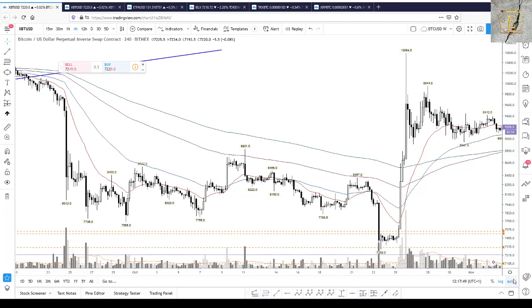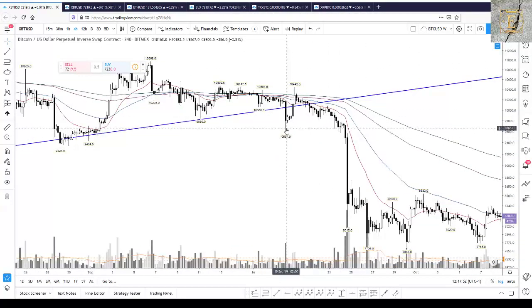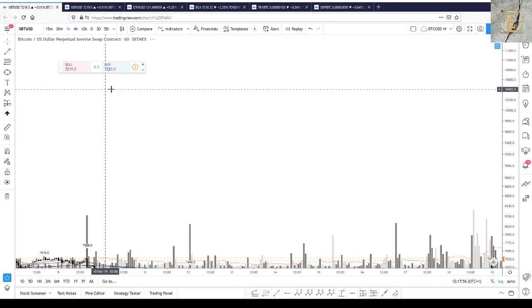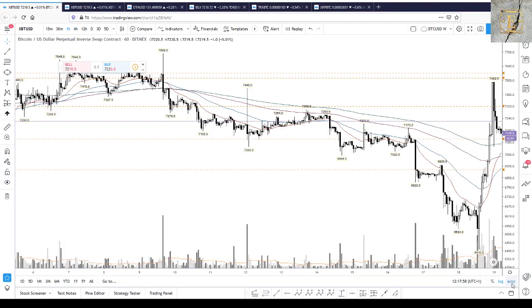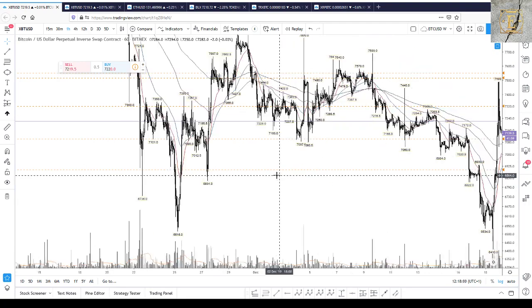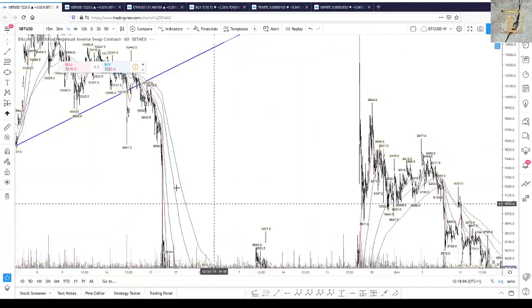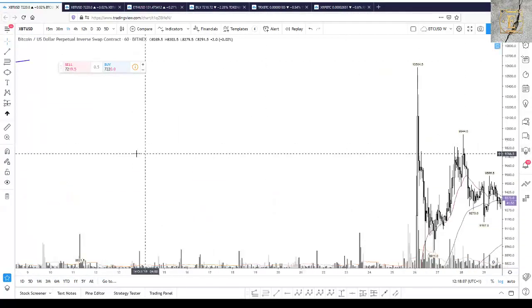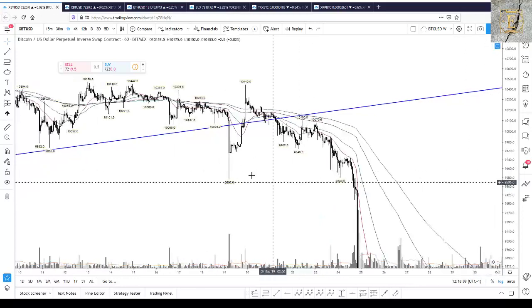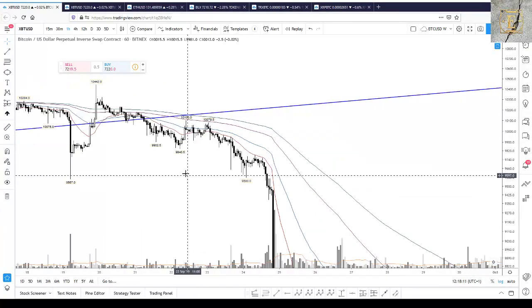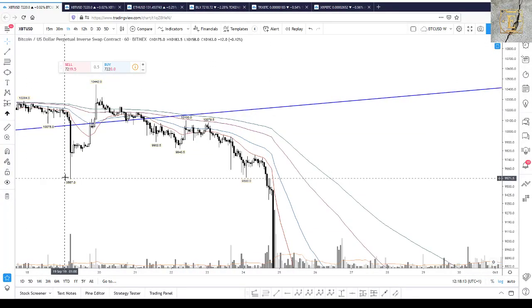And as long as you see this rejection, you need to close your trade, because if you are looking for your trade and you move to the 1 hour, you can see this is a big reaction over here.